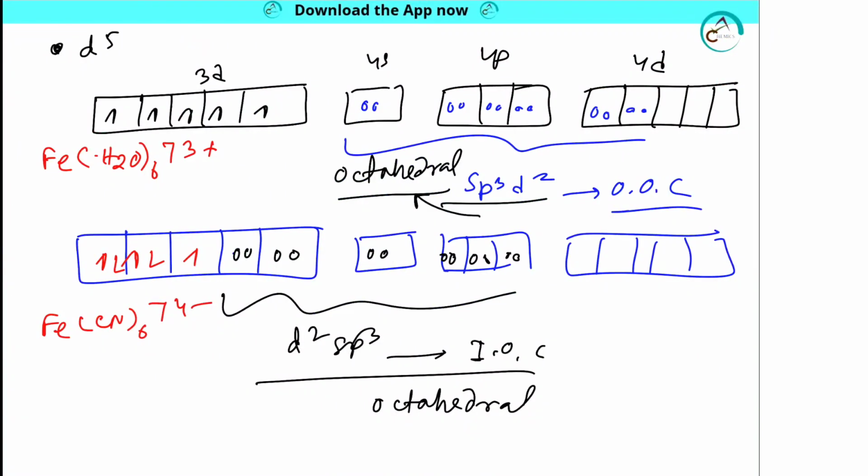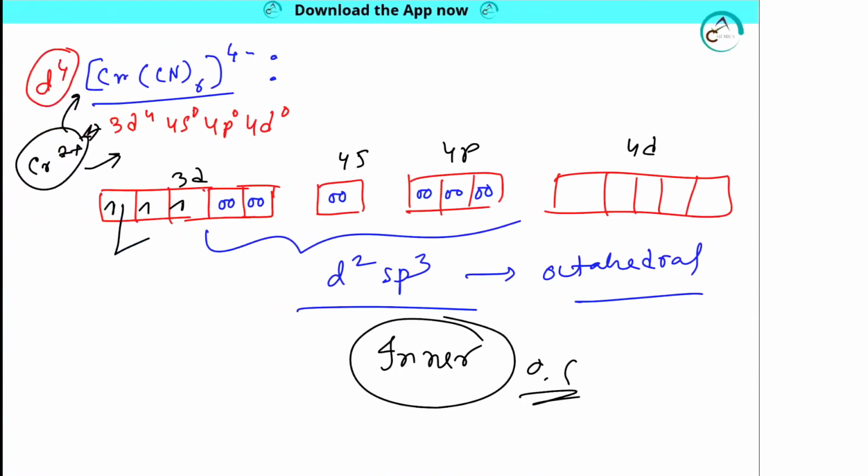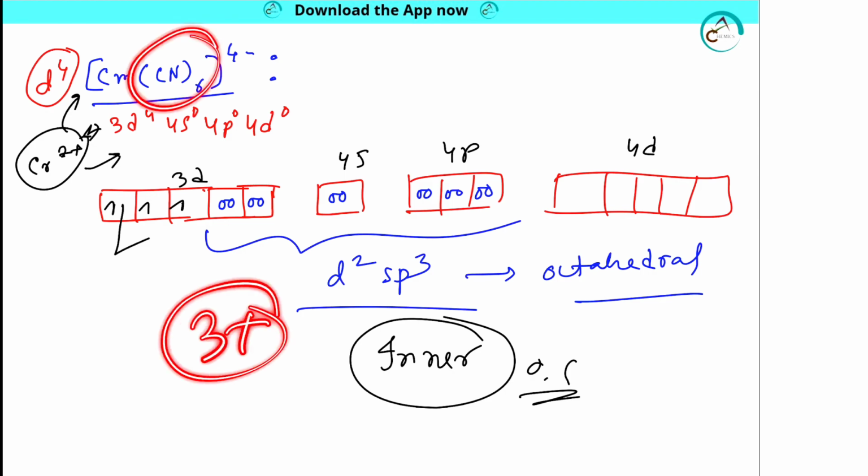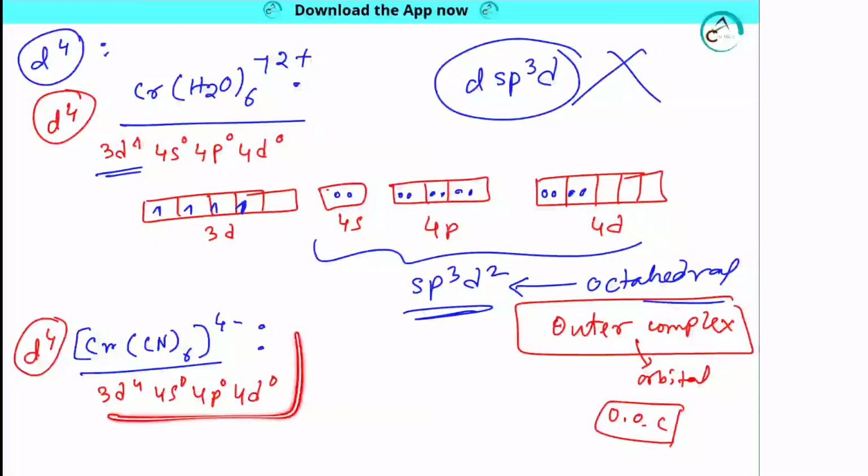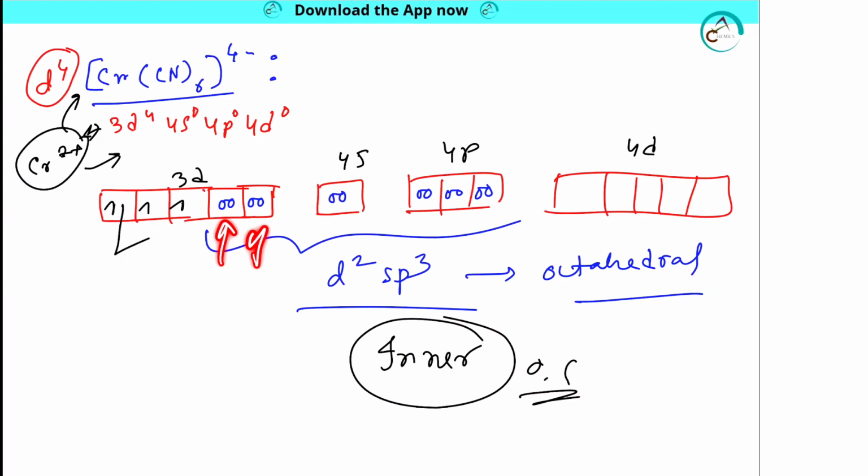More force means it will force the system to redistribute and reorganize the electrons, to be paired up. Because a higher oxidation state will force the metal orbital to get vacant, to get emptied.